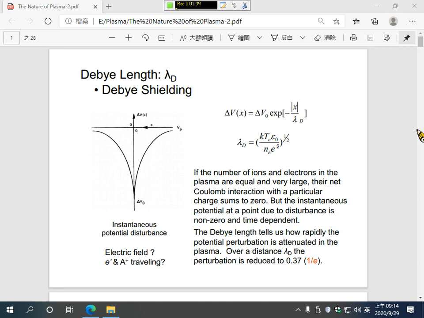If we look at the plasma at a larger scale, larger than a few Debye lengths, then the plasma can be considered as an equipotential state. Equipotential means the potential inside the plasma is a constant value.